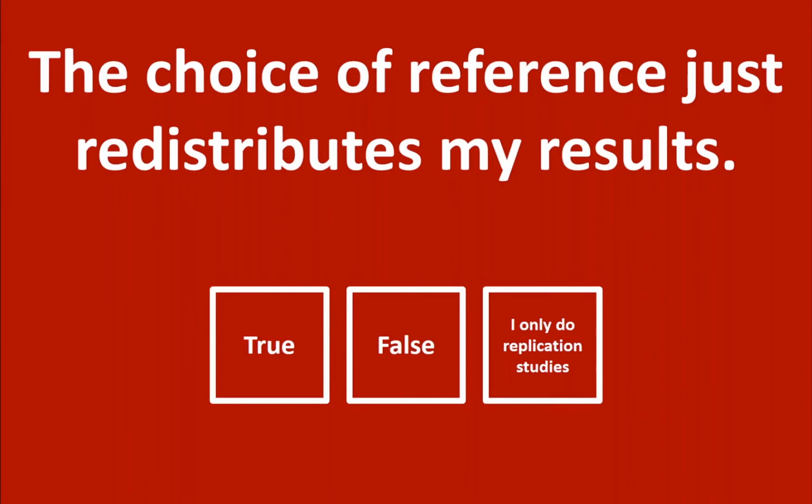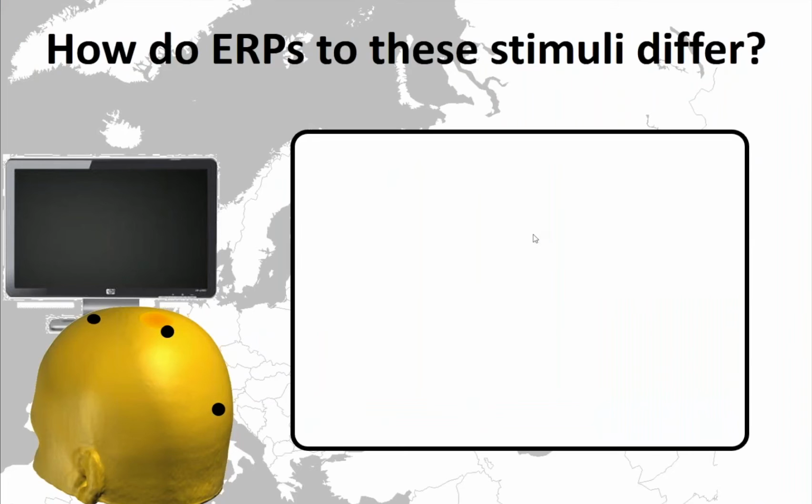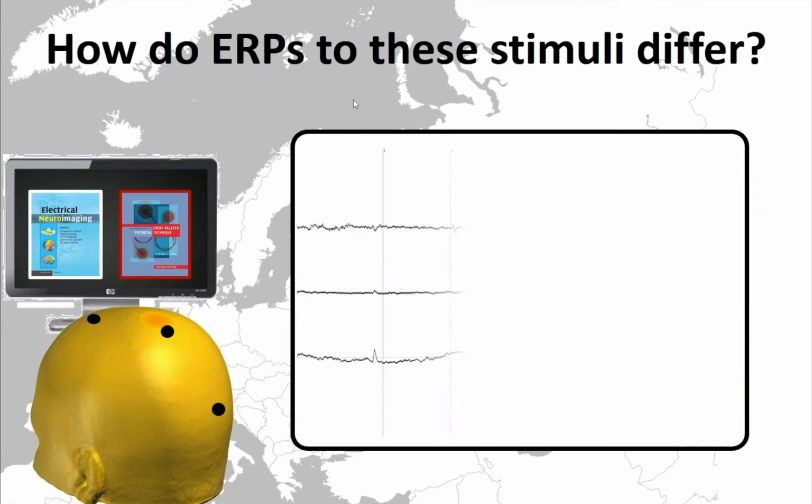Indeed, the choice of reference does not just redistribute your results. It can dramatically alter your results and therefore your interpretation. And let me walk you through why that's the case. So imagine that you have two different stimuli, let's say Steve Luck's book and Christophe Michel's electrical neuroimaging book, and you want to know how the brain responds differently to these two stimuli.